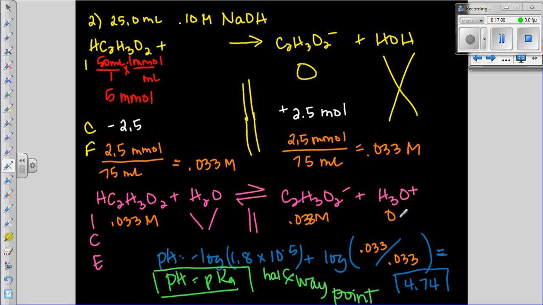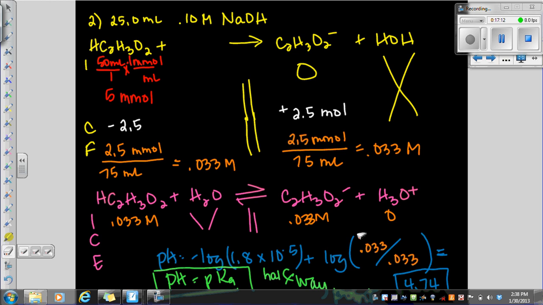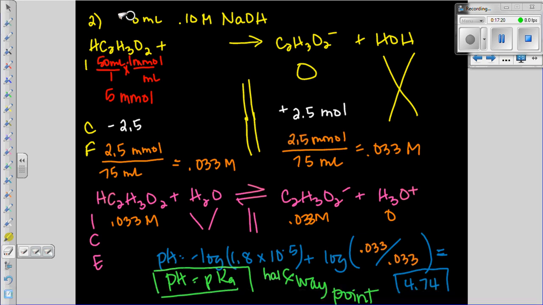All right, so now what we're going to do is continue. Instead of 25 milliliters of 0.1 molar sodium hydroxide, we are now going to do 40 milliliters.